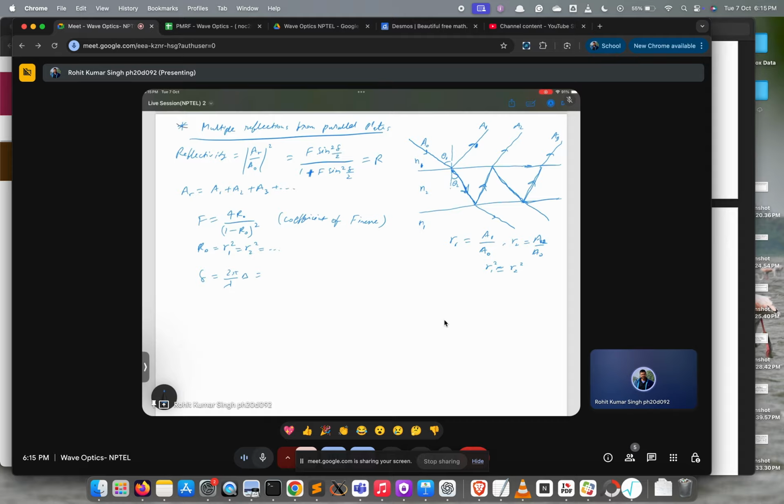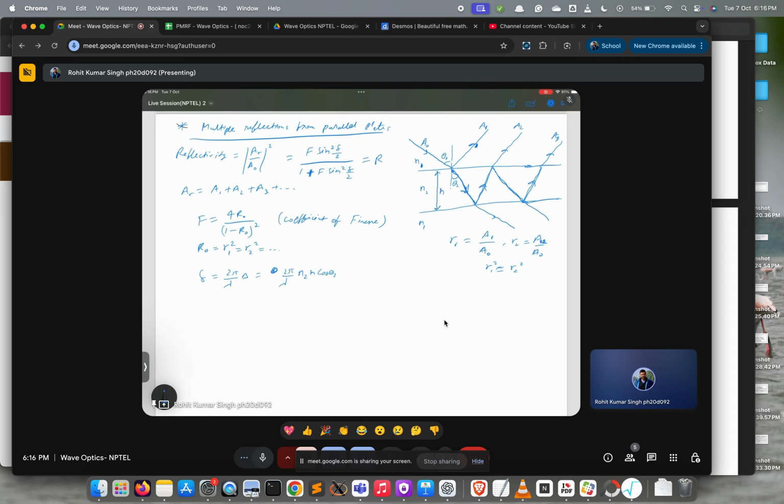If you calculate this path difference, it will be n2 h cos theta 2, where h is this vertical distance.